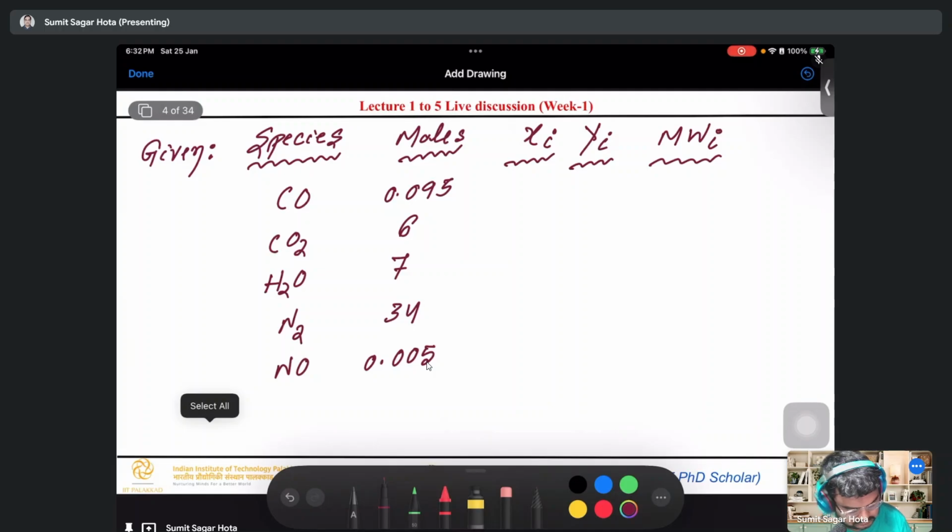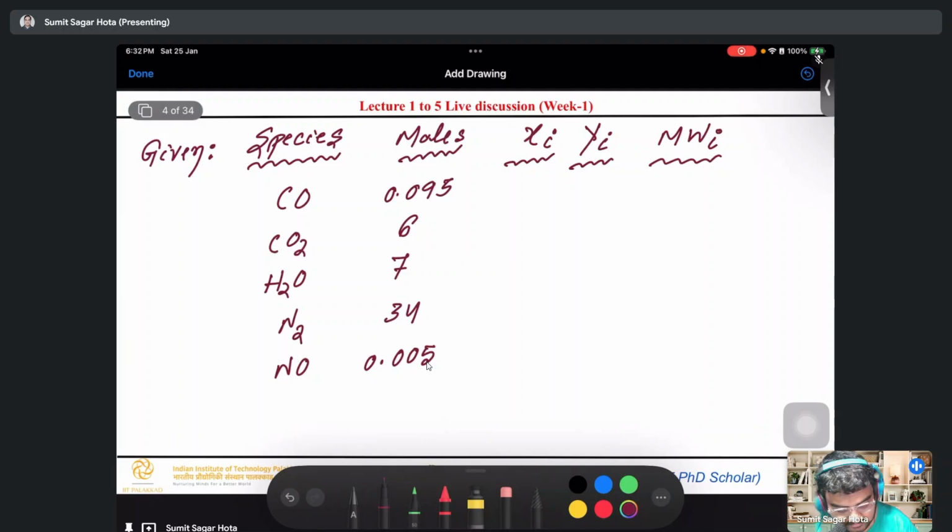Now how I will calculate the chi i and y i, we will see here by solving the first bit. Accordingly, for all the species we are going to calculate the mole fraction and the mass fraction. Also, we know the molecular weight of the species.